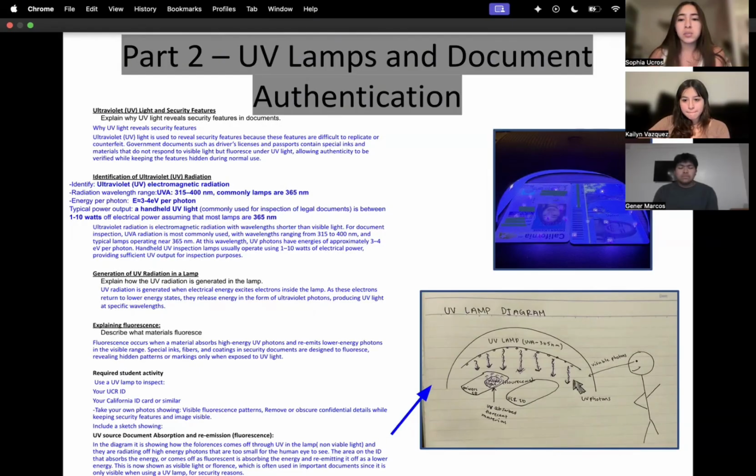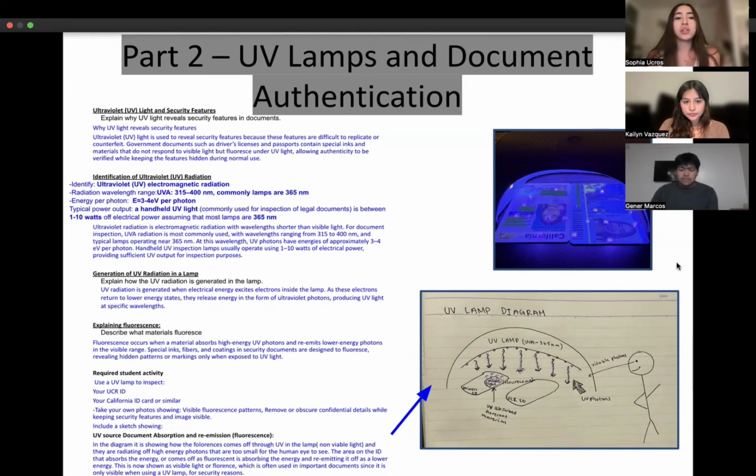As shown here in the experiment, on the professional ID there's fluorescent lighting here, while on the school ID there's no fluorescent lighting here. For the identity of ultraviolet radiation, its full name is ultraviolet electromagnetic radiation, and the wavelength range is in UVA, between 315 and 400 nanometers.